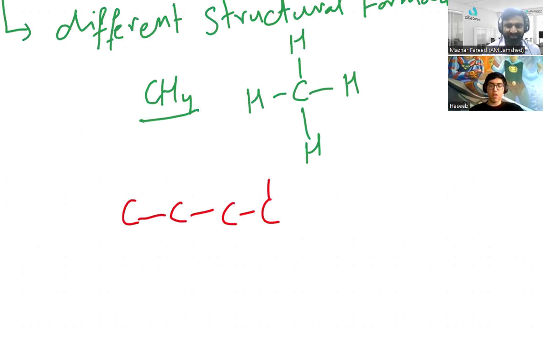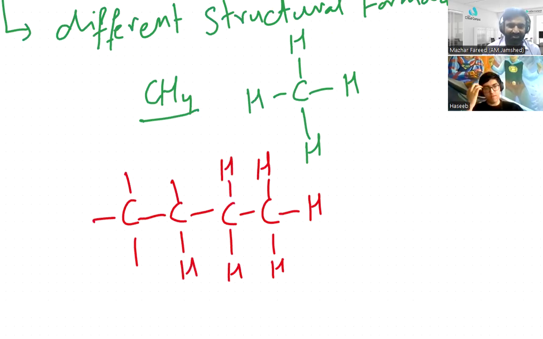You can arrange this because carbon can form 4 bonds, then you have to make 4 bonds. 1, 2, 3, 4. They are single bonded attached with the hydrogen. So this is the structure formula of butane.